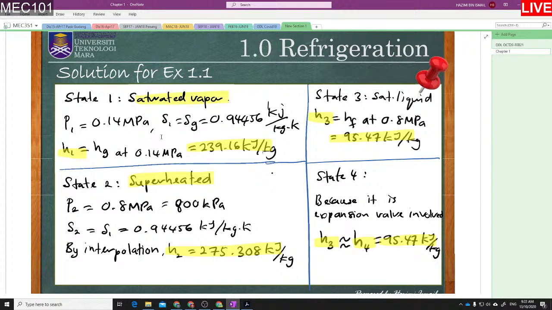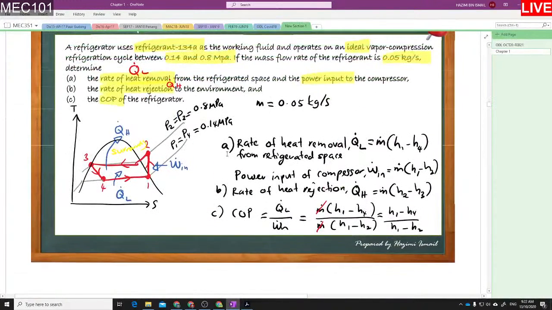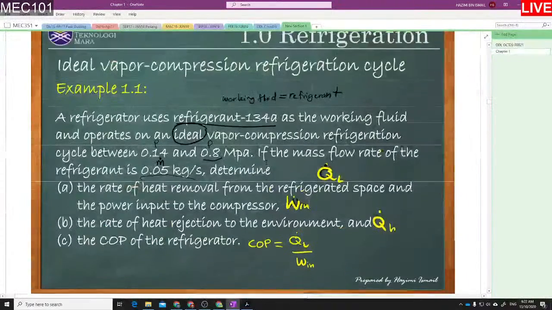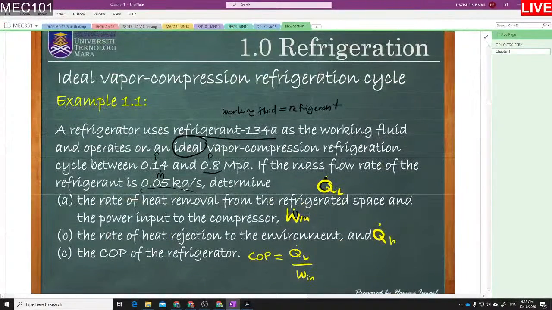How to use your properties table. How to find the value of enthalpy or any other thermodynamic properties at that particular state you can get from our properties table. Okay, but make sure you find the value at that correct table. Sebab we use the refrigerant 134A. Make sure you find the value in R134A in the properties table.